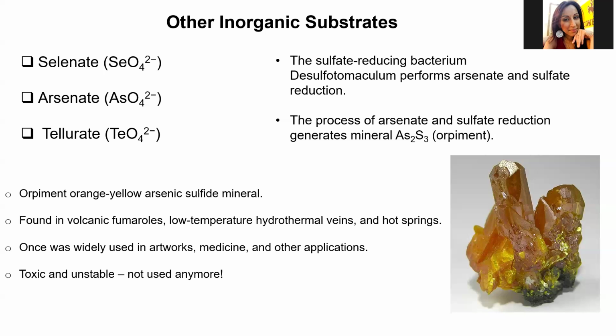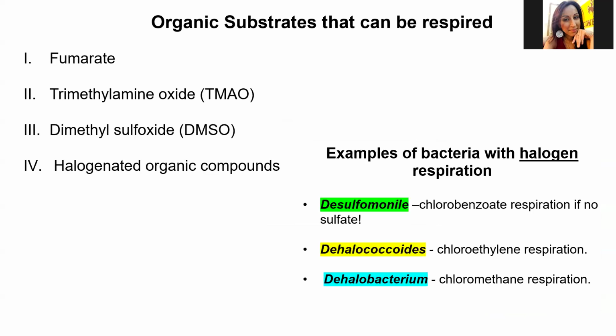And in addition to arsenate, tellurate, and selenate, there are microbes that can respire organic compounds. And again, this just illustrates their diversity. Like literally whatever is there, they will respire. So some of them you maybe know.